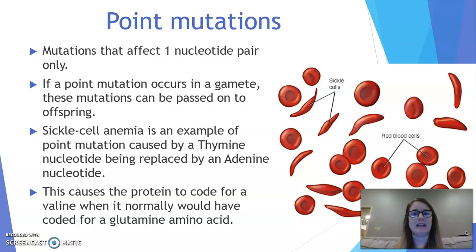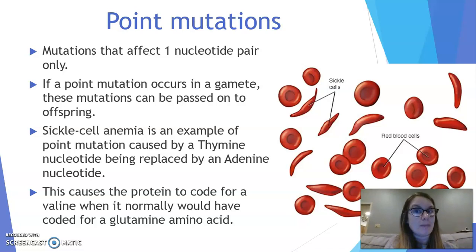Essentially what's happening in that case is the protein would code for a valine amino acid where it would have normally coded for a glutamine amino acid. So basically you switch the amino acids out.